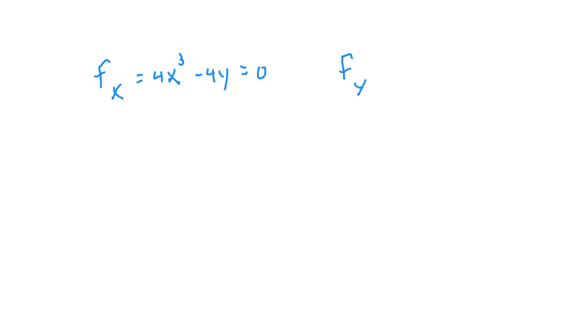And then we had the partial derivative of f with respect to y, which was equal to 4y cubed minus 4x, and we set that equal to 0. Again, this is example 3 from section 11.7.